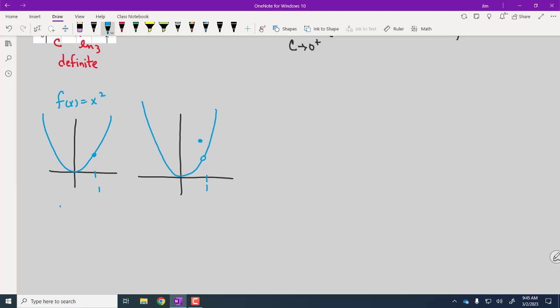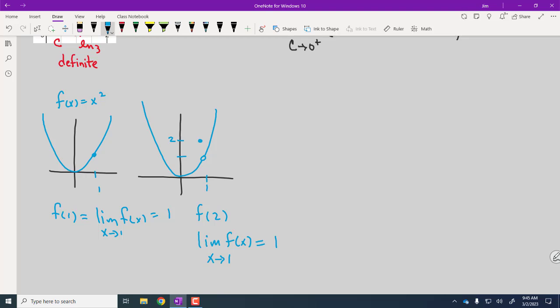Here the value of the function at 1 is equal to the limit of the function at 1. Whereas over here, the value of the function, let's suppose, is up at 2, but the limit of the function as x goes to 1 is 1. So the limit and the value are different.